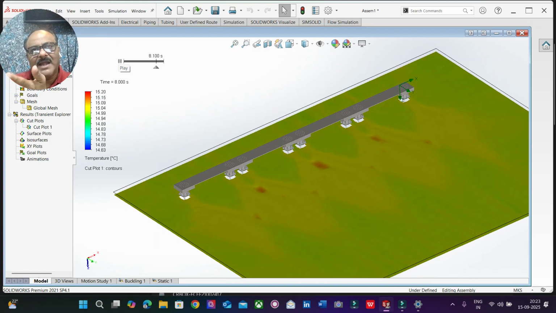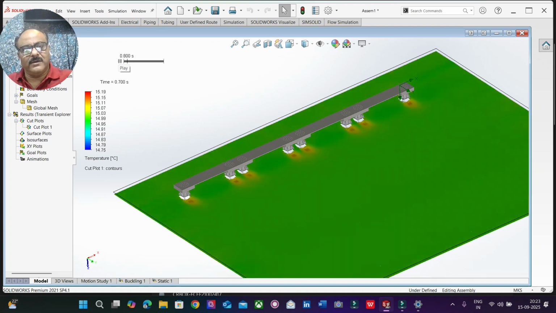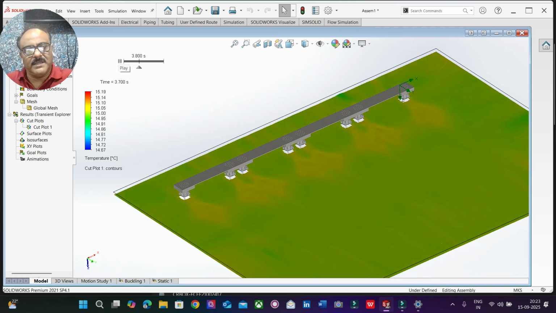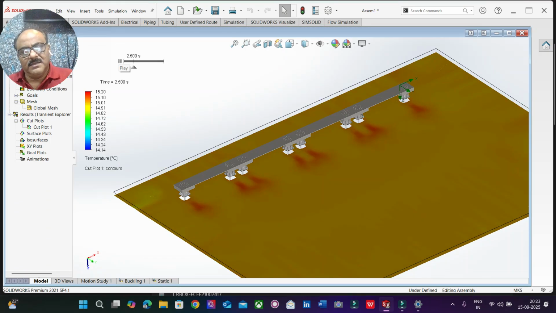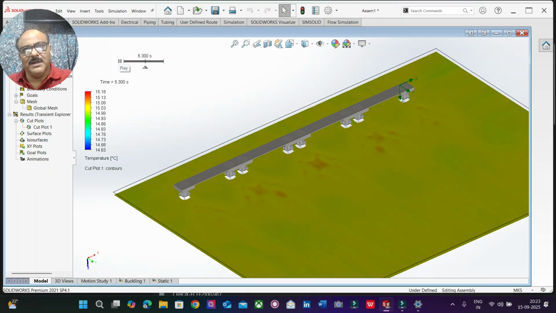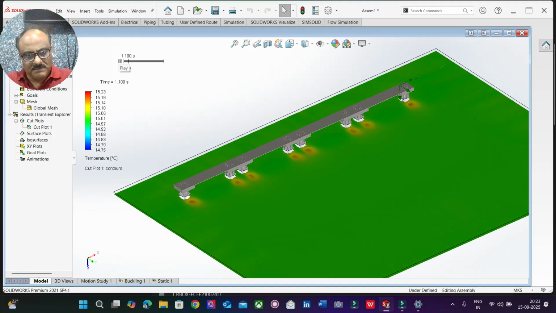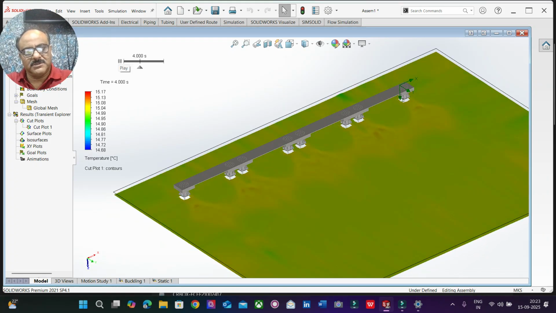The actual fact is when you consider the entire fluid domain, the entire river bed, the entire river, from the upstream to the downstream with the entire bridge, the flow will be computed for a period of say 10 minutes or 15 minutes or 20 minutes. That is going to be a very huge computation.